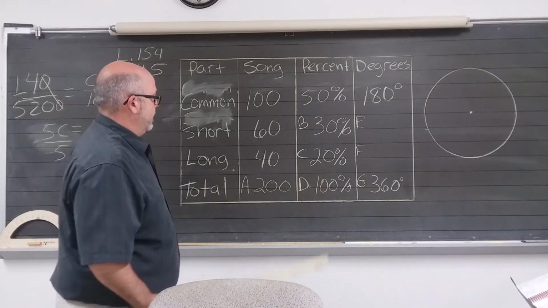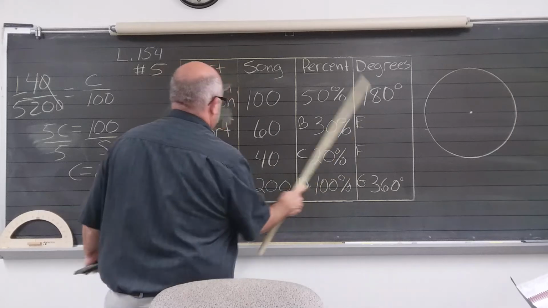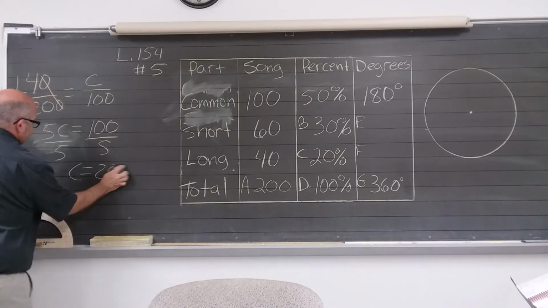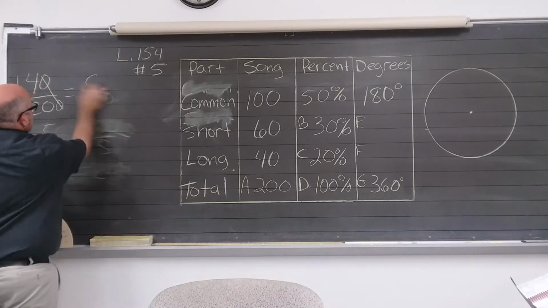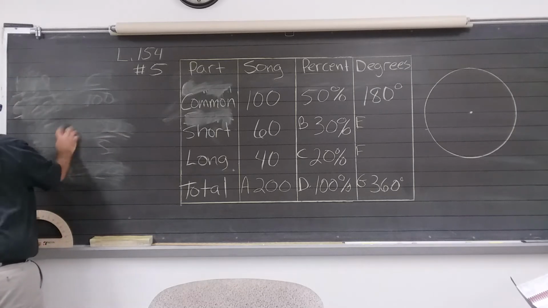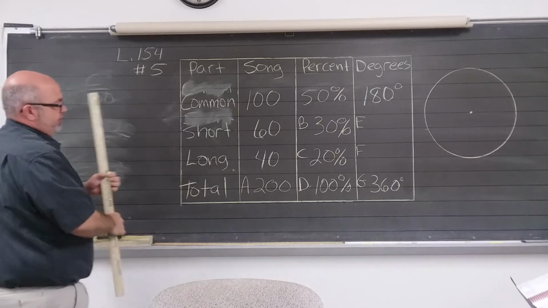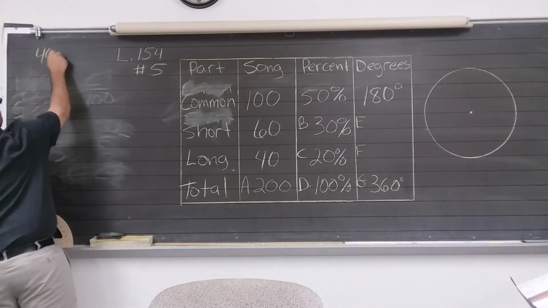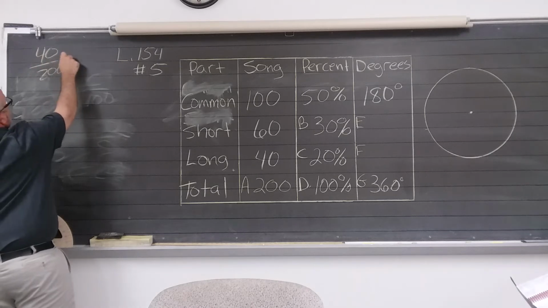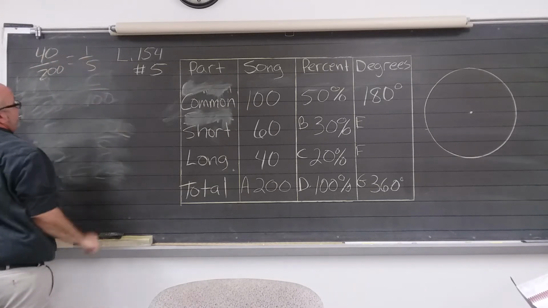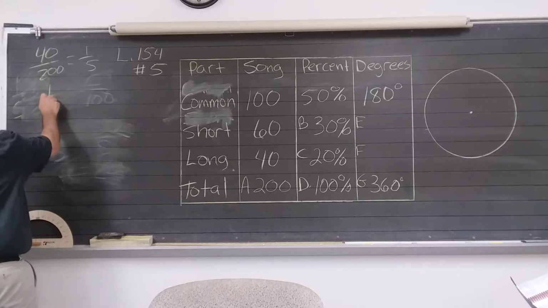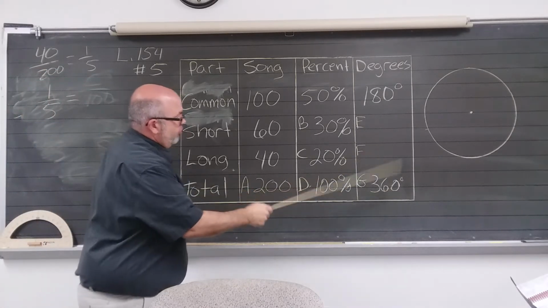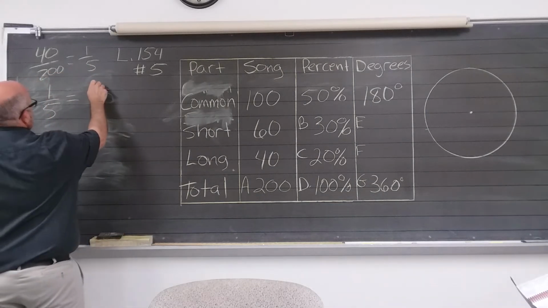All right? Let's just stick with the same thing to figure out F. So we have 1/5. Let's erase this. Okay, we have established that 40 over 200 equals 1/5. So we're working with 1/5 equals F over 360.